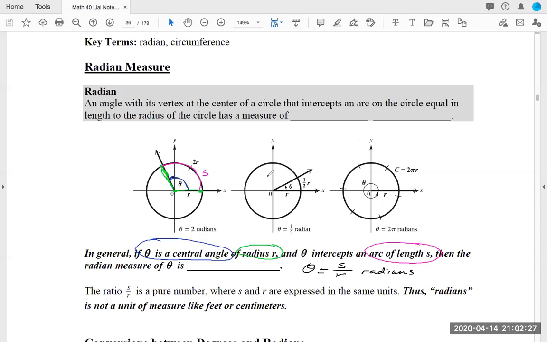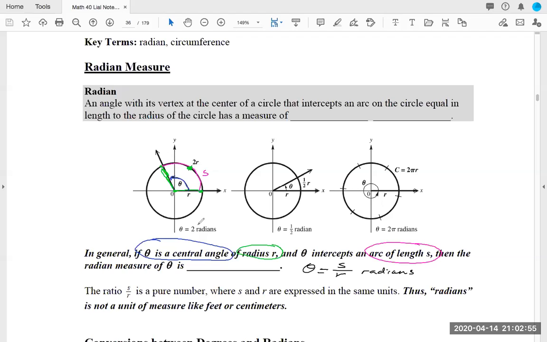Okay, so 1 radian would be, remember we found out it was approximately here. 1 radian would be traveling 1 radial distance r around your circle. So kind of visually, you can think this length here is r, and this length here is r.